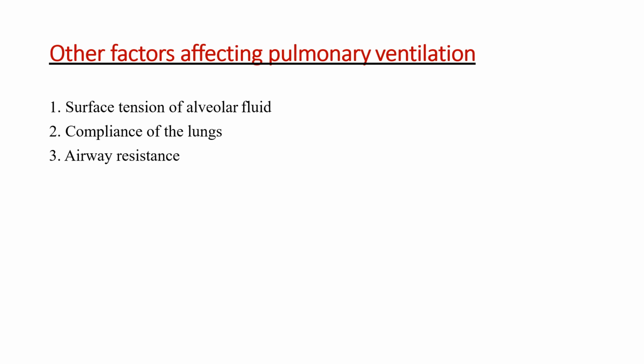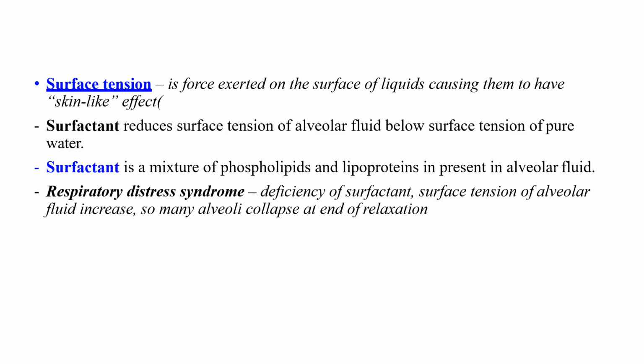And next, coming to the factors affecting pulmonary ventilation. There are surface tension of the alveolar fluid, compliance of the lungs, and airway resistance. Surface tension is a force exerted on the surface of liquids causing them to have a skin-like effect.